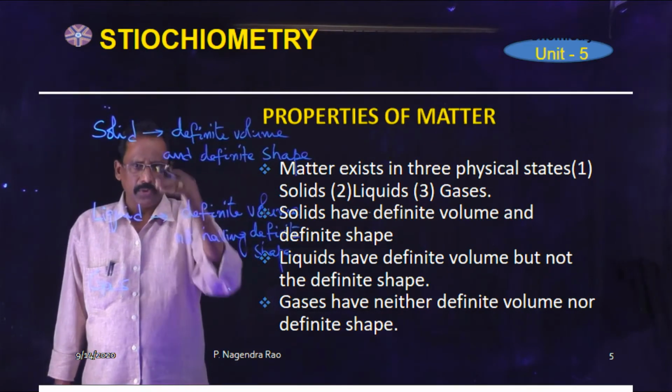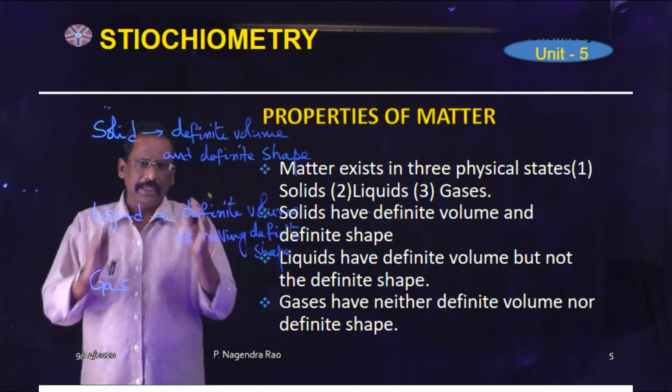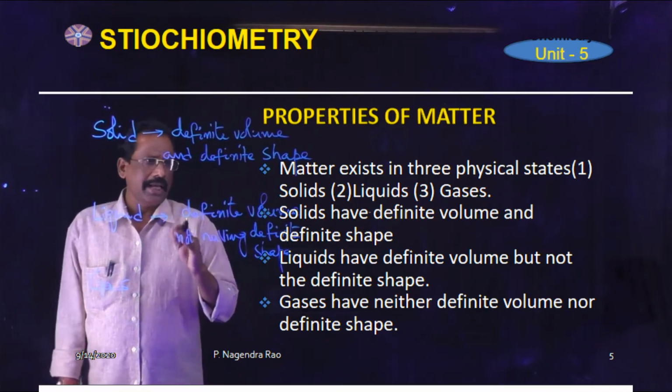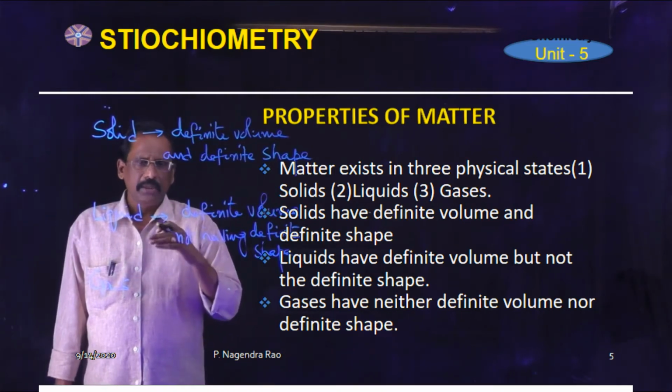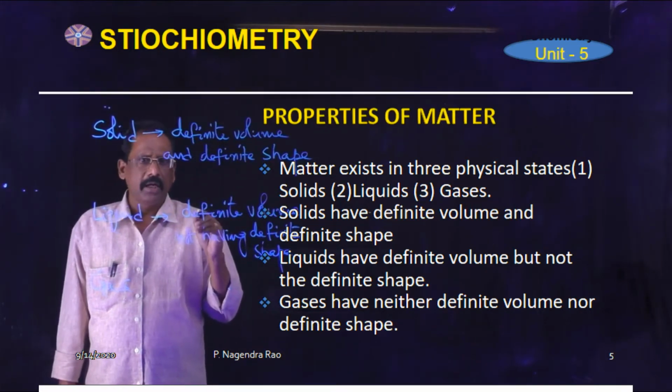So when compared with the solid state, in the liquid state, intermolecular forces of attraction are less. So they have a definite volume but not a definite shape. The shape of the liquid is equal to the shape of the vessel or container.